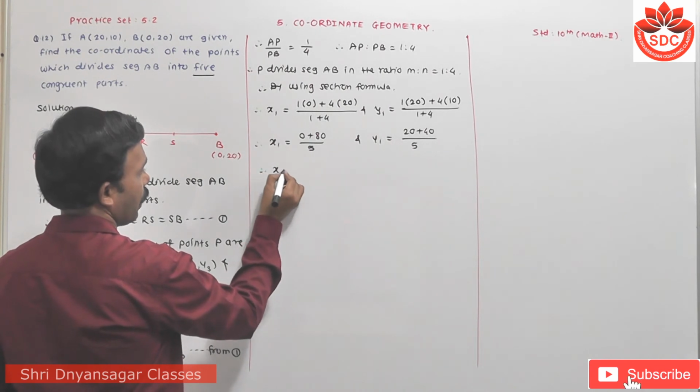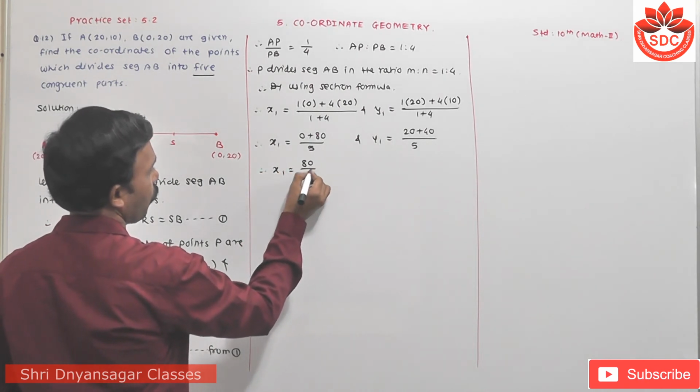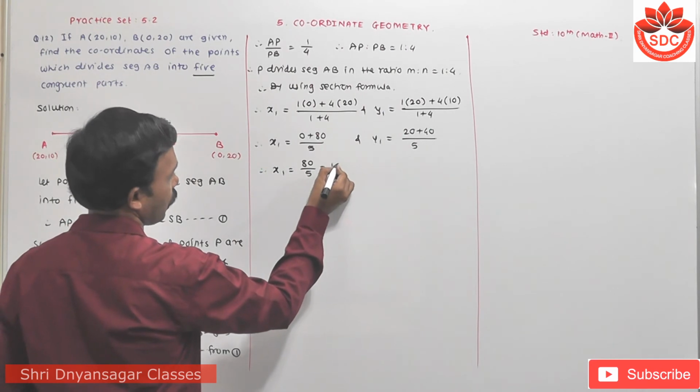Okay, therefore x1 is equal to 80 upon 5, which is equal to 16.